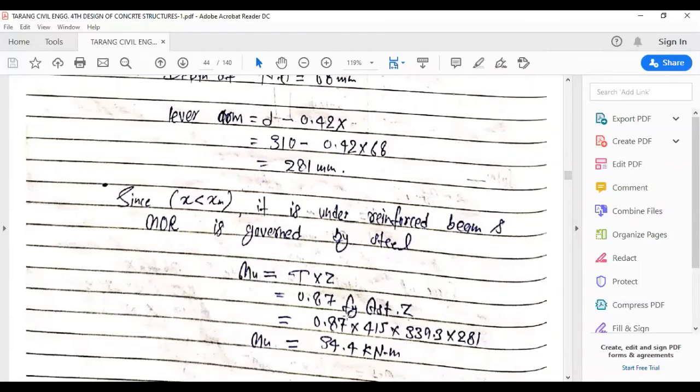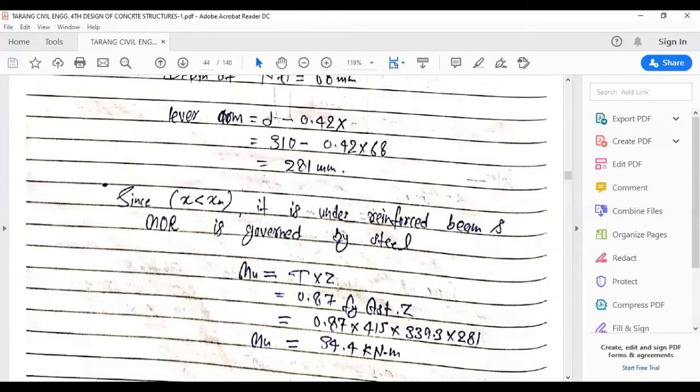Now our job is to find the ultimate moment, which is moment of resistance, and because it is governed by steel, so we'll use moment of resistance for steel as per the formula. So it is given by T multiplied by Z, and T comes out to be 0.87 Fy Ast.